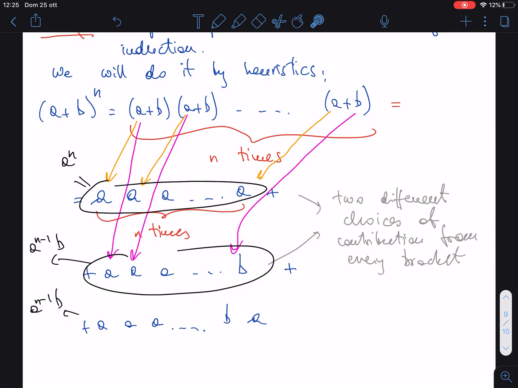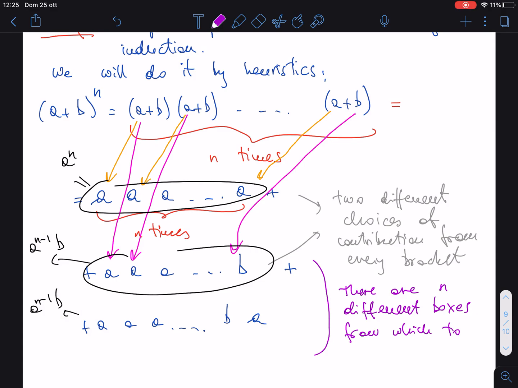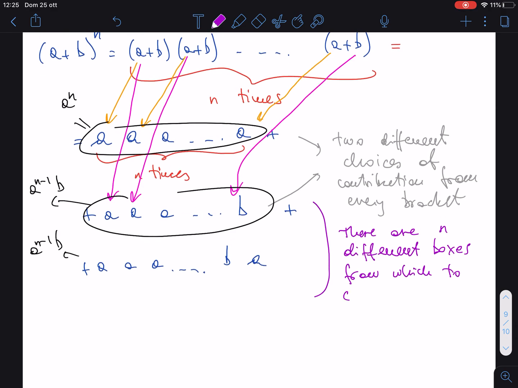How much are they? Here, notice that you always choose A except once, except from one box you choose one time B. Of course, you have n possible boxes from which to choose B. So there are n different boxes from which to choose the unique B appearing here.